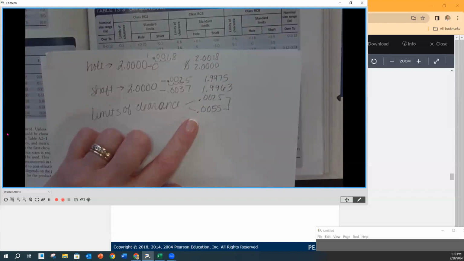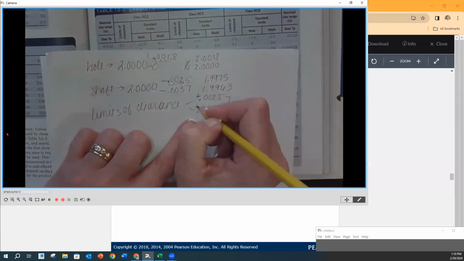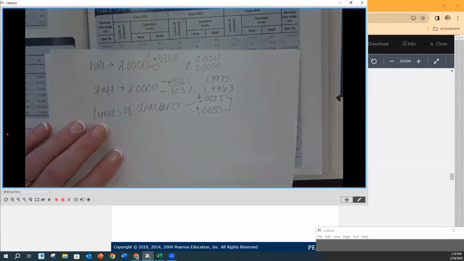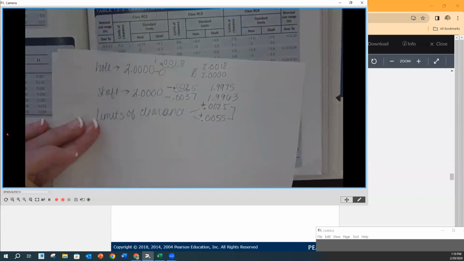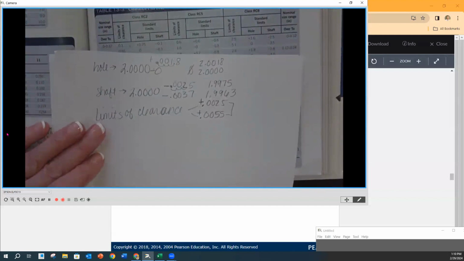So that means that these are positive values. These are limits of clearance. So never will these parts interfere with one another or even get to line to line. Line to line contact would be a clearance of 0, meaning that your worst case scenario, for instance, could be that they're right on, tapping them together.